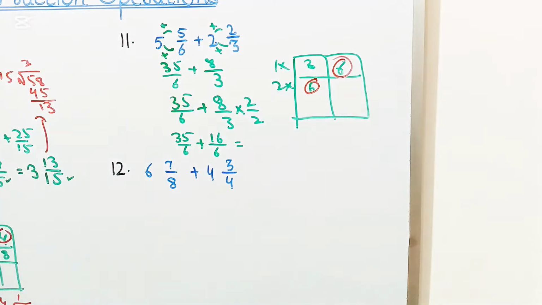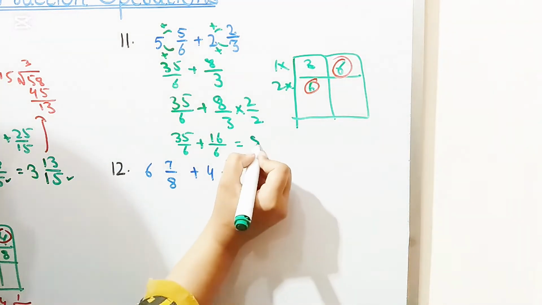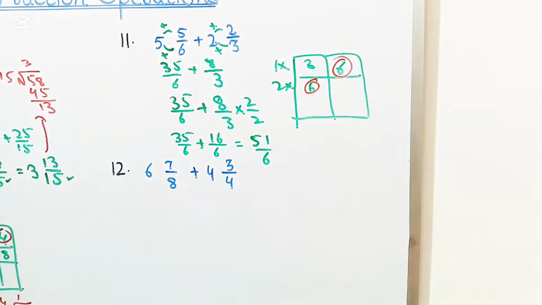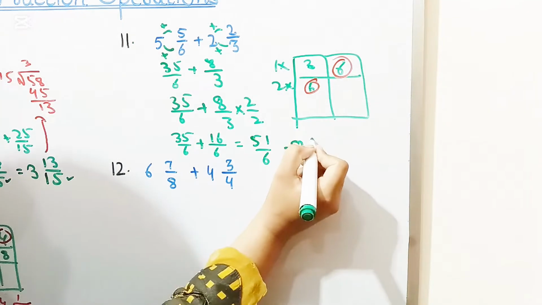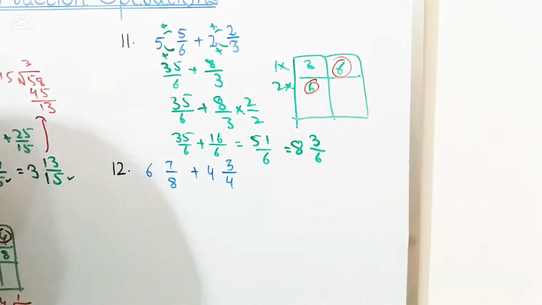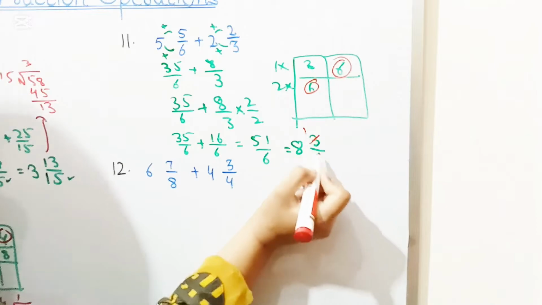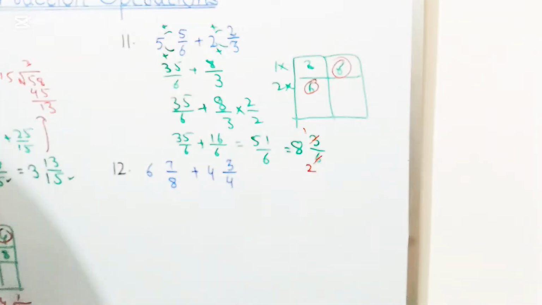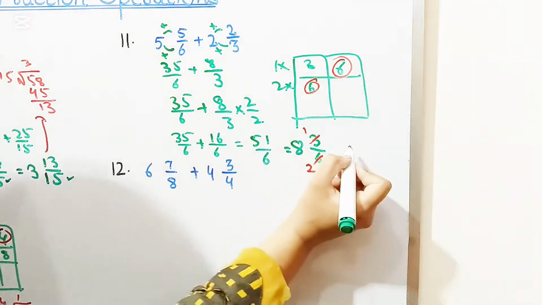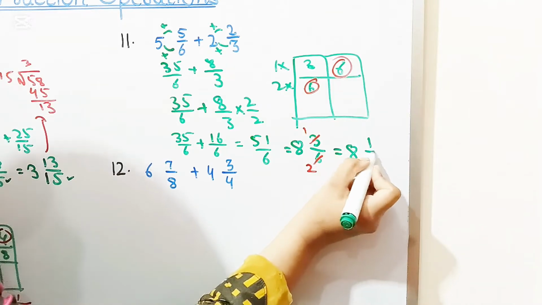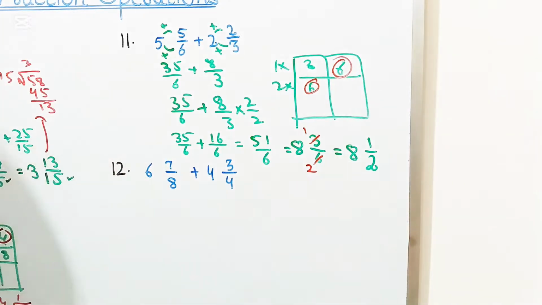When we add them, 51 over 6. When we divide them, 8 3 by 6. Now you can see that we can simplify them. 3 1s are 3, 3 2s are 6. My final answer is 8 1 over 2.